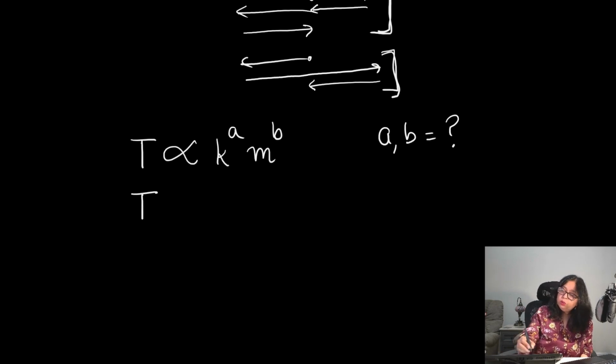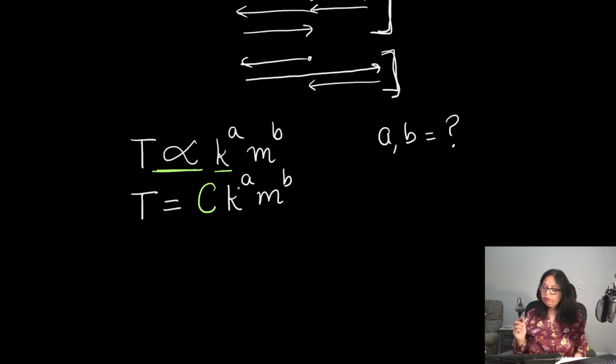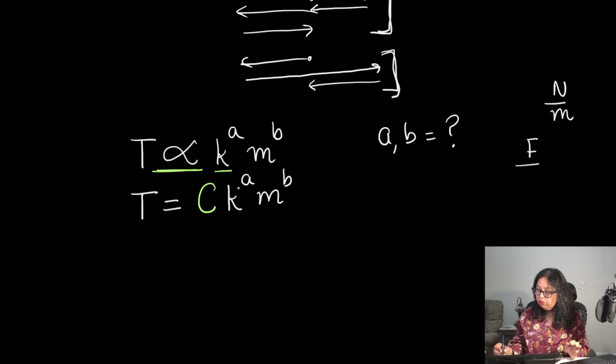First thing we're going to do is remove this symbol of proportionality. And when we do that, we introduce a constant of proportionality that I'm going to call uppercase C this time. Why? Because I do not want to confuse it with the spring constant K. All right, here we have K to the power A, M to the power B. Now this K is measured in newtons per meter. It is actually force divided by distance x.